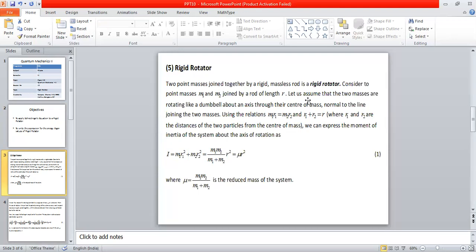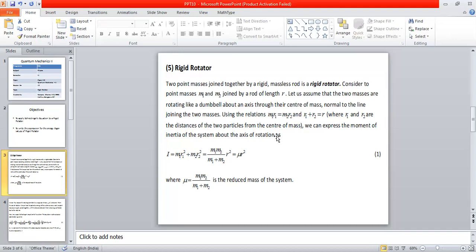So basically, our rigid rotator is something like a dumbbell with two masses at the two ends, connected by a hard rod, such that irrespective of the rotation of the rigid rotator, the distance between the two masses, two particles, would always remain the same. So this is the meaning of rigid rotator for us right now.